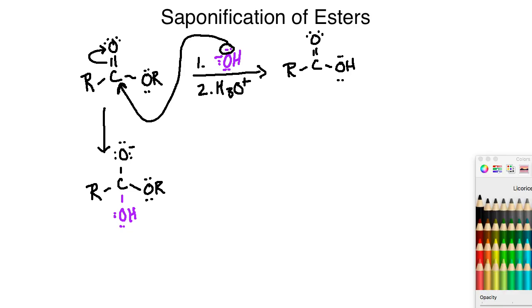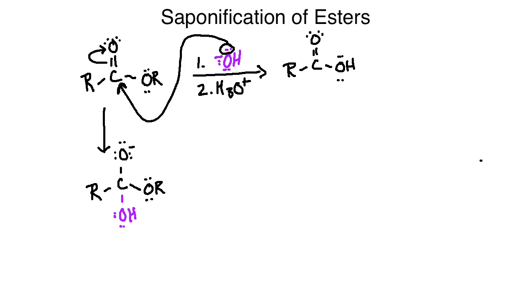So the way in theory that this is going to work is that you will get your OR group to leave and you will get this to come down. Now the reason I mentioned this is reversible is that OR and OH are about equal in their tendency to leave in this situation. So it is very possible that it takes some time to get the OH to go on and the OR to leave, when you're working with that.